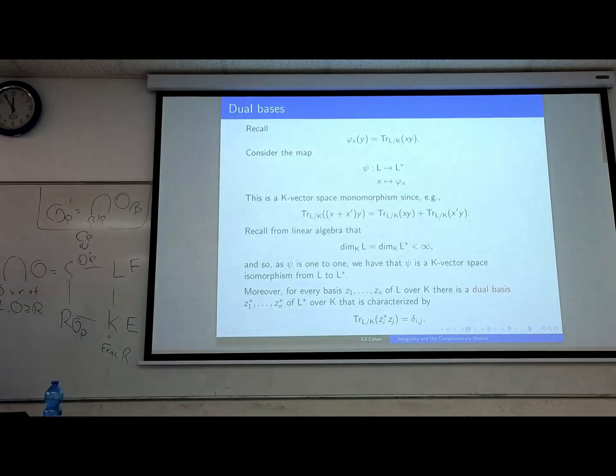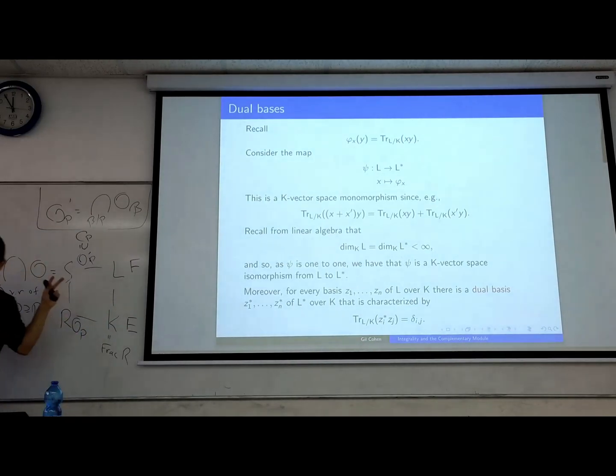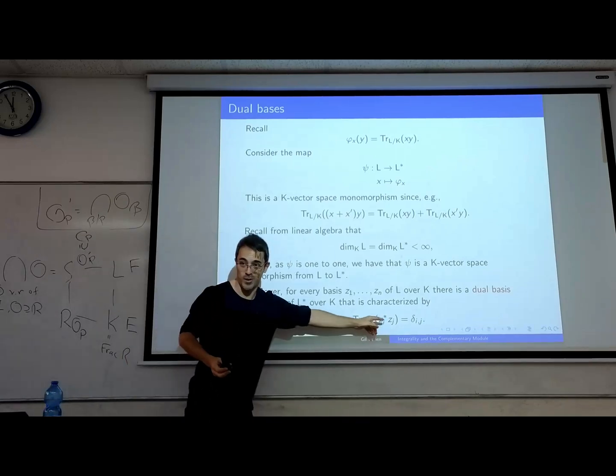You can solve it, but it really depends. Dual basis and basis are not practically the same up to scaling. They're actually orthogonal in a sense: Z_1 is orthogonal to all of Z_2 star up to Z_n star, and it's aligned with Z_1 star, in the sense that the trace of the product is 1.